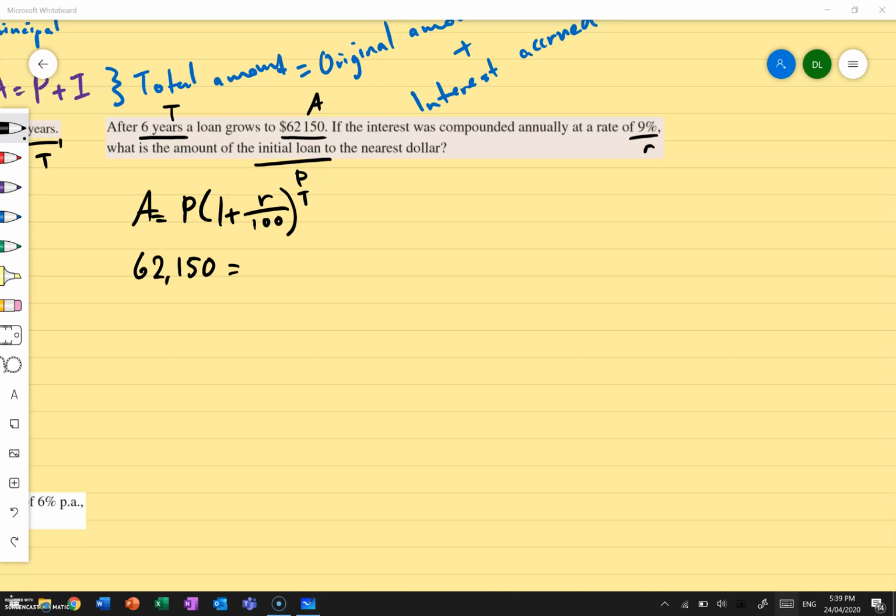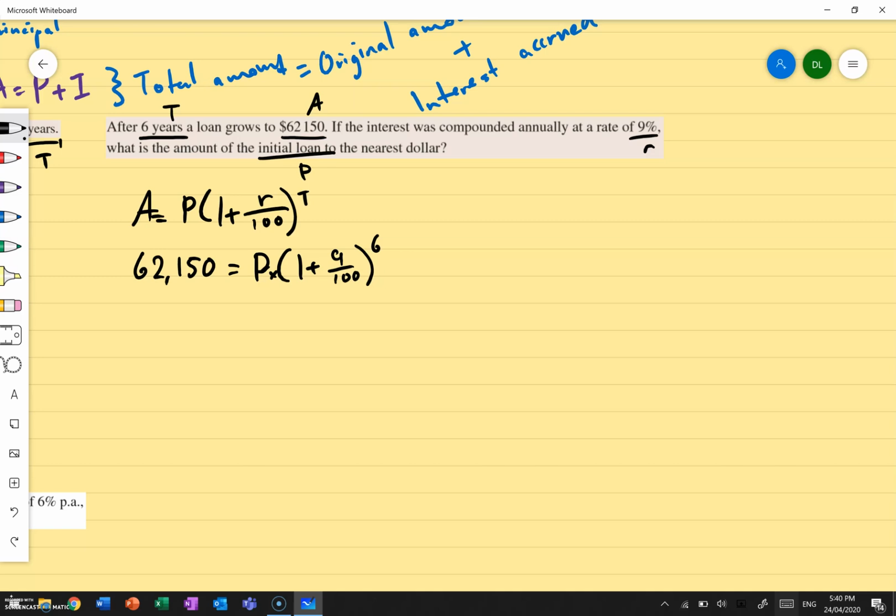So P times 1 plus R, which is 9, so 9 over 100 to the power of 6, because it's 6 years.